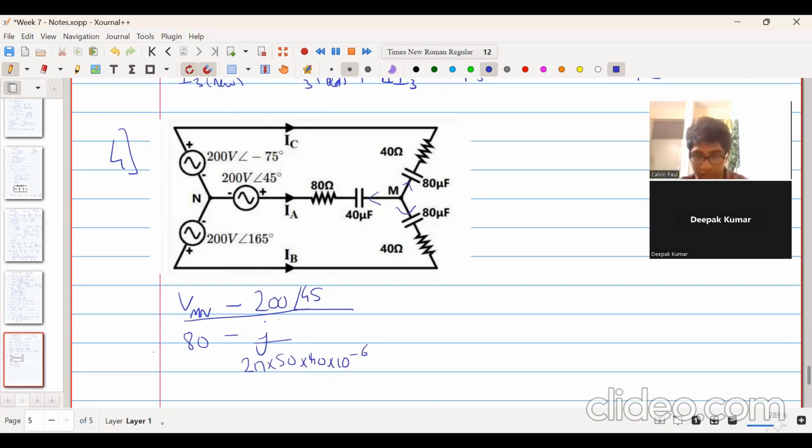Plus VMN minus this one, 200 angle minus 75, upon 40 minus j upon 2 pi into 50 into 80 into 10 to the power minus 6.